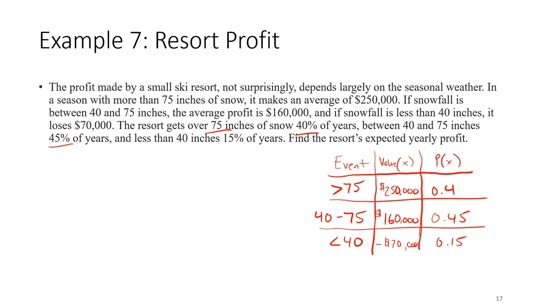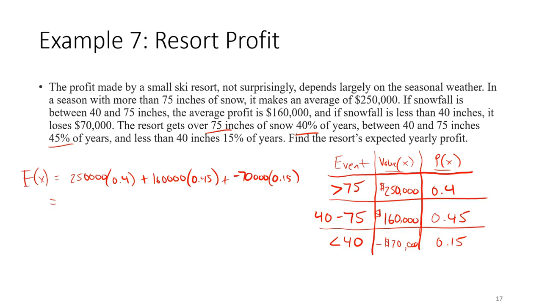So now to find the expected value of the yearly profit, we just want to multiply the value of each outcome times its probability and add them all up. So 250,000 times 0.4 plus 160,000 times 0.45 plus negative 70,000 times 0.15.